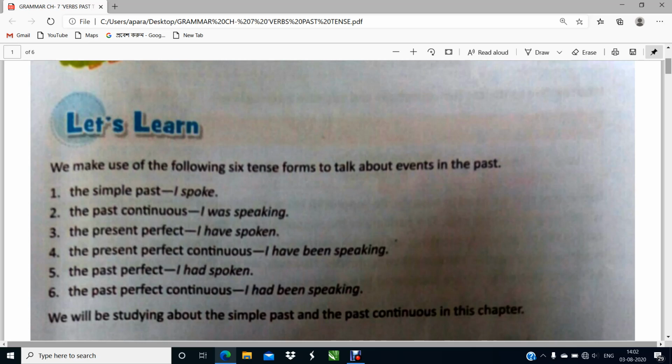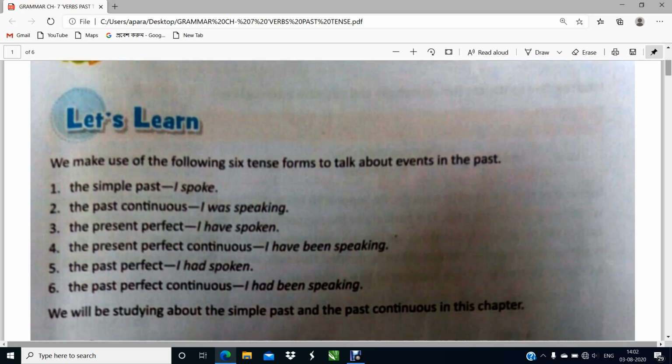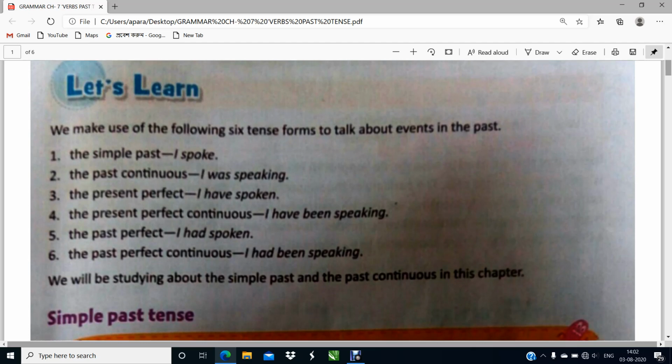Now the present perfect continuous. We have been writing. We have started writing beforehand. We are still writing. This is present perfect continuous. The next is the past perfect. What is that? We had written. I had spoken.